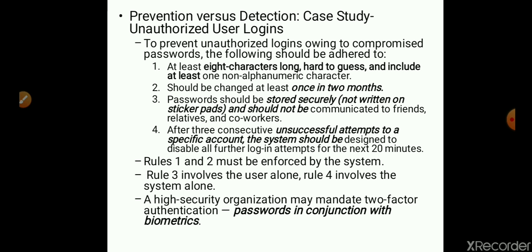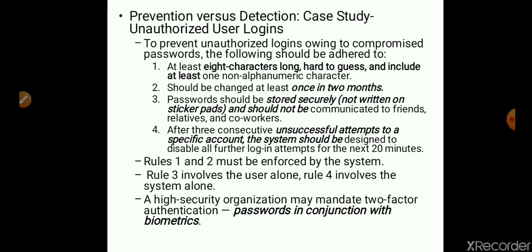The next one is make sure the passwords are not stored on notes or anything, they are stored very securely, and they should not be communicated to any of your friends. And the last one is that if the attacker tries to log in and makes more than 3 attempts, the system has to stop all operations for at least the next 20 minutes, so that he is not given access to any of the other activities.